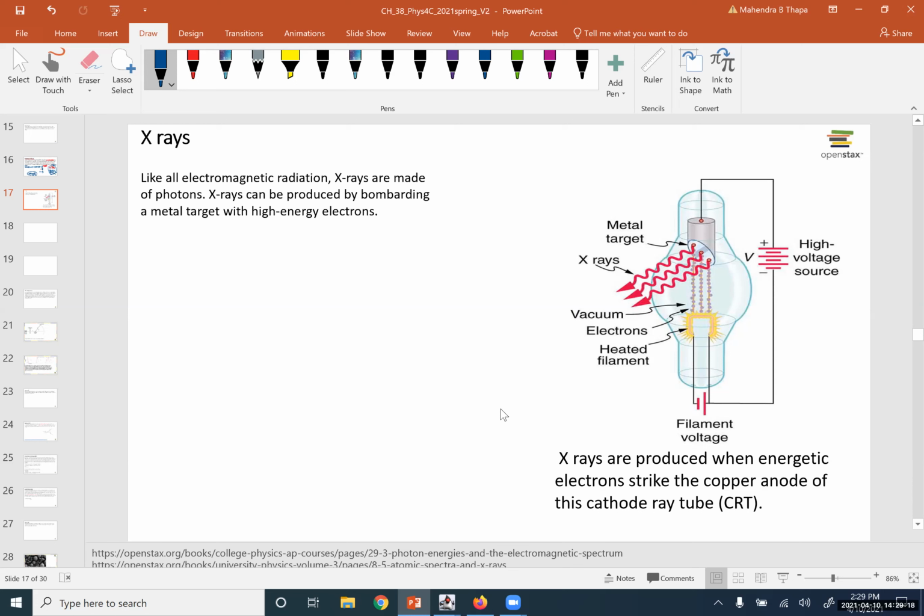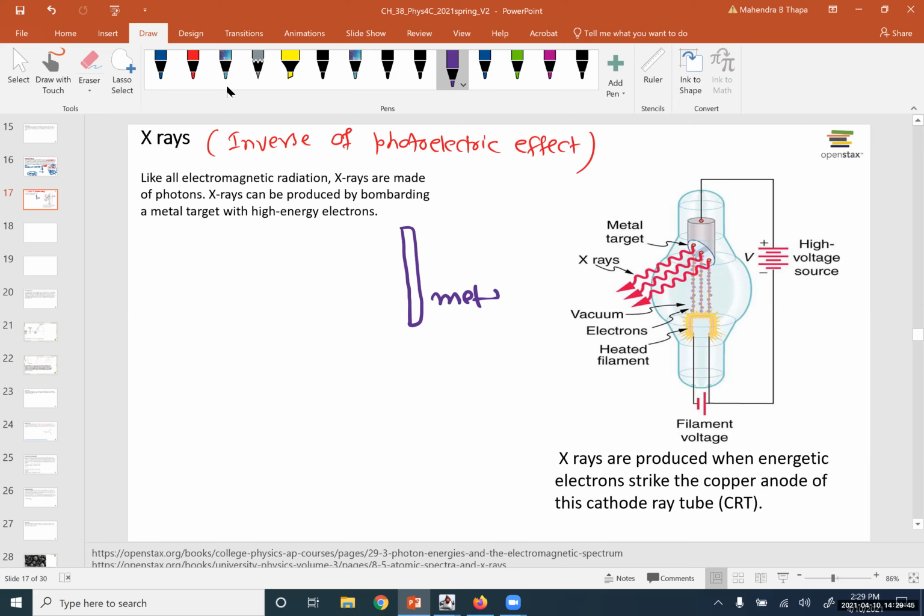Let's first look at the X-ray. X-ray is basically the inverse of the photoelectric effect. If you remember, in the photoelectric effect, this is the metal. We incident an electromagnetic wave or light of frequency f here.